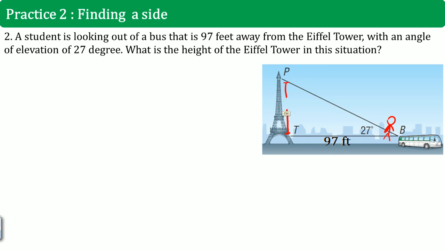What do we have? Well, we have 97 feet, which is our closest one. This is opposite. No, this is adjacent because it's our closest one. And height is our opposite. So adjacent and opposite, that is your TOA, which is going to be your tan, opposite, and adjacent.